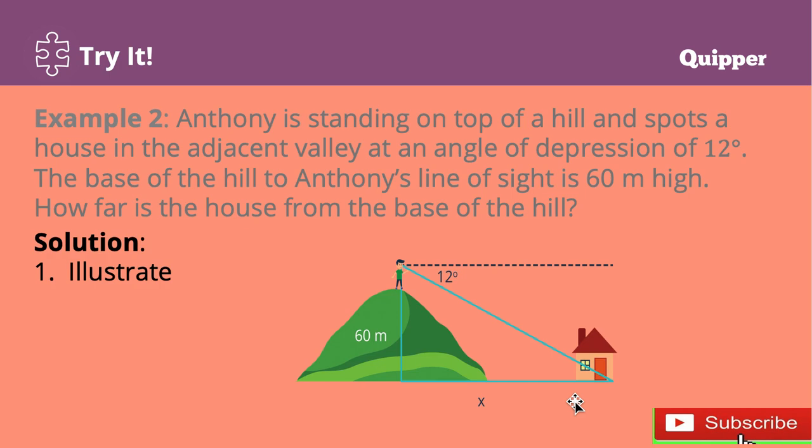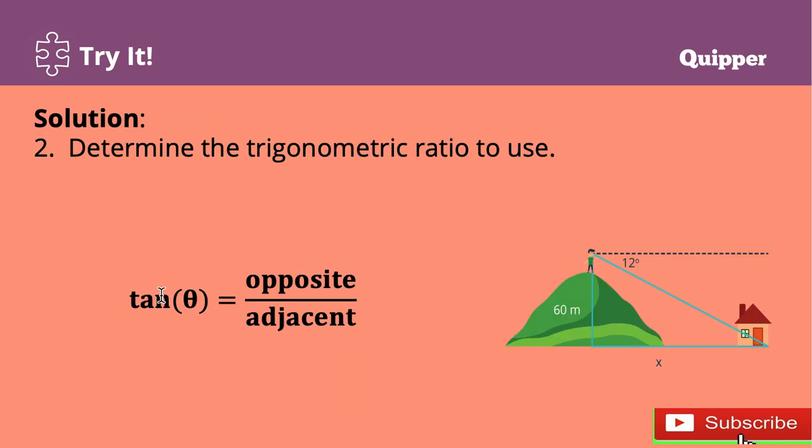Therefore, the trigonometric ratio that we are going to use is the tangent ratio, since it involves the adjacent and the opposite side. So tangent is equal to opposite over adjacent. So this is the formula for the tangent ratio.